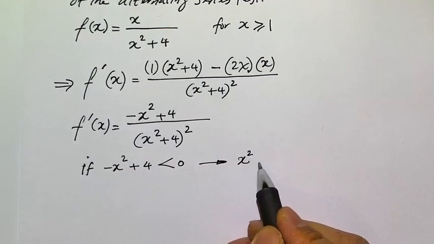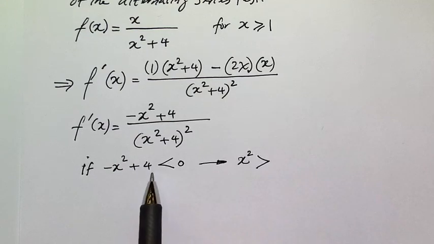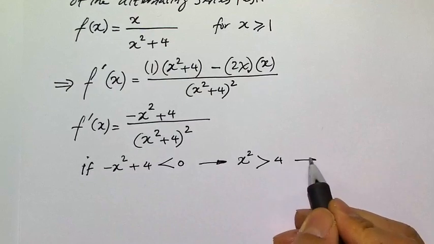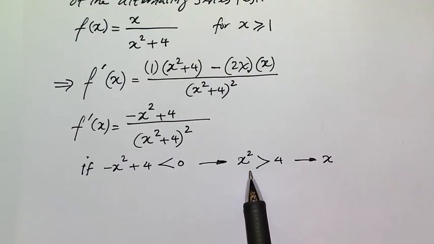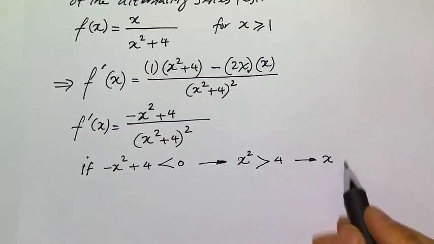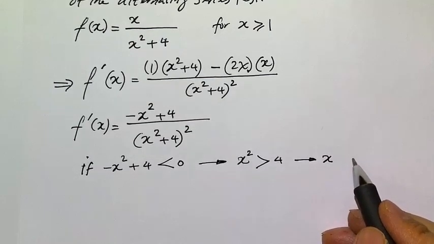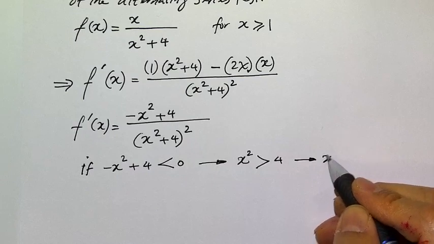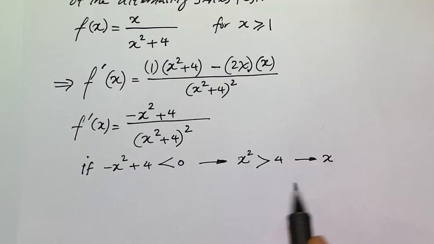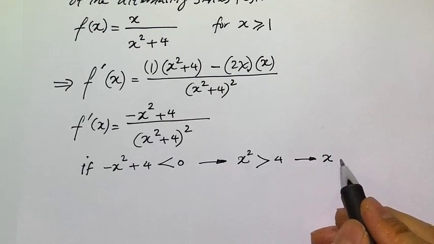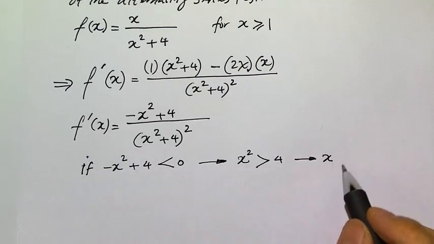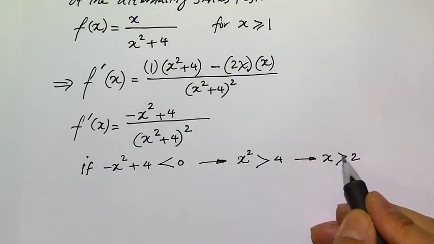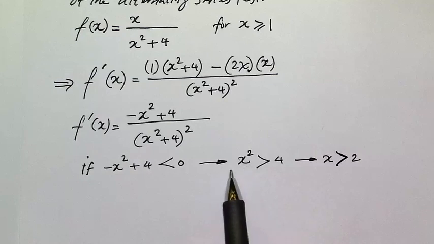It will be negative when x squared is greater than 4, which means, taking the square root of both sides, x is greater than 2 or x is less than negative 2.